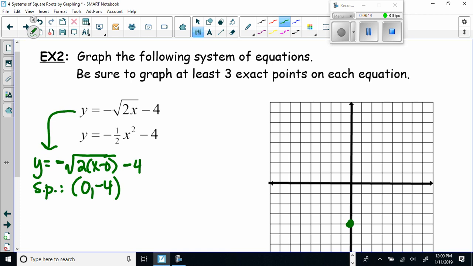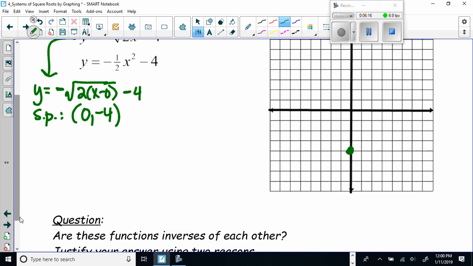I'm going to go ahead and make my table of the parent function. The square root of 1 is 1, the square root of 4 is 2, the square root of 9 is 3, the square root of 16 is 4. What am I doing to the x's? Divide by 2, right? Dividing by 2.